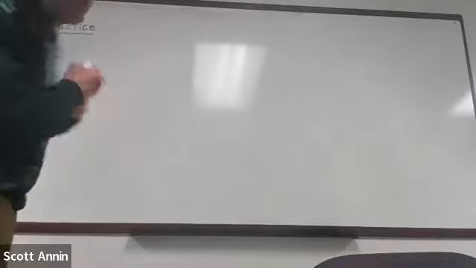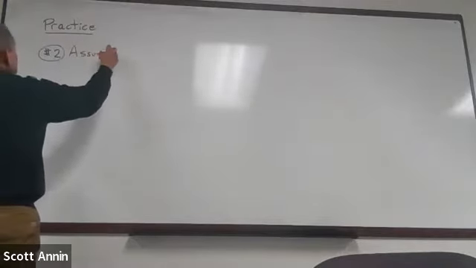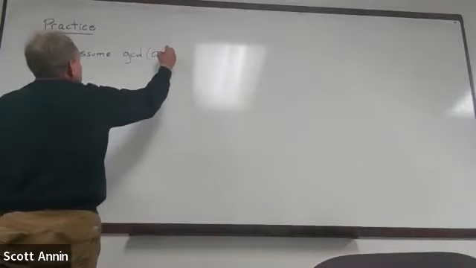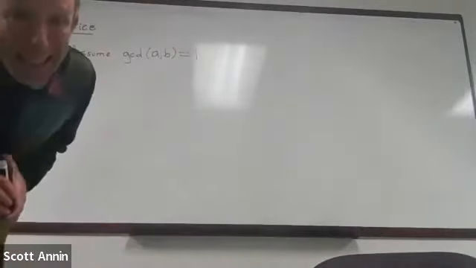What I'm going to do is assume that A and B are relatively prime. In other words, the greatest common divisor of A and B, let's assume that that is equal to 1.